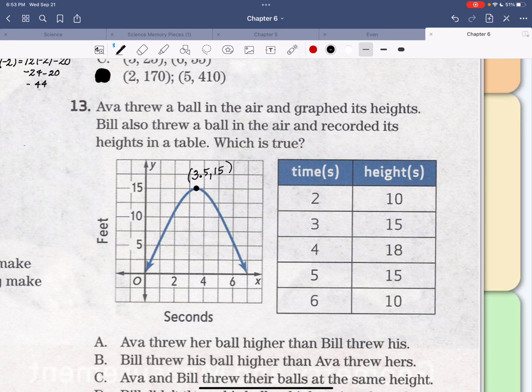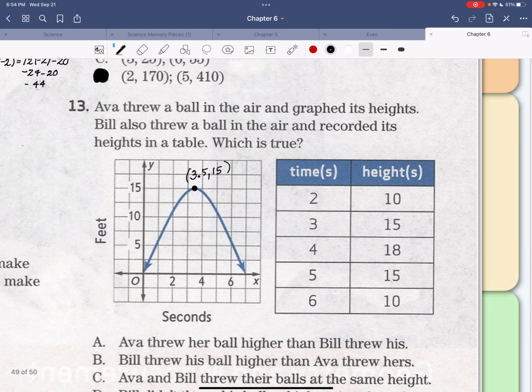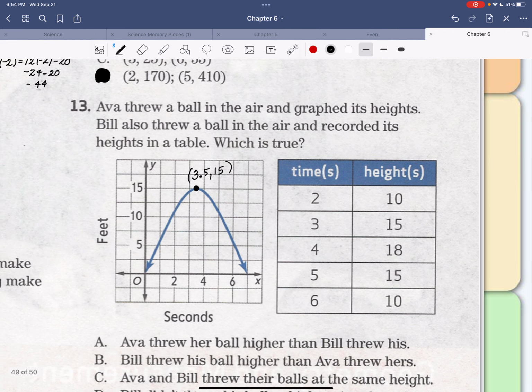So at 3.5 seconds, the height of Ava's ball was 15 feet. And on this one, we are going to need to find the maximum, which would be 18. So here is the maximum for Bill's ball, and it reached a maximum height of 18.